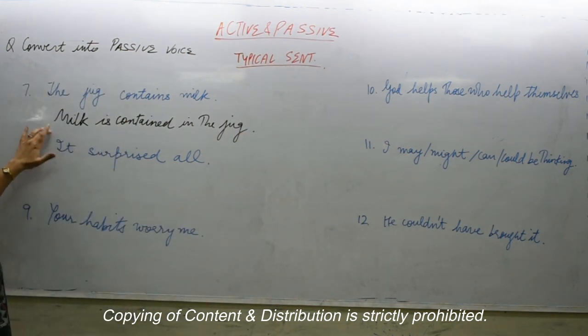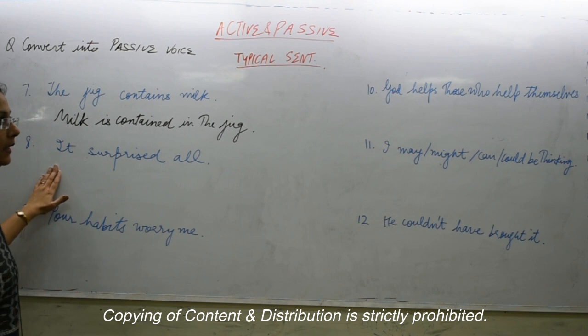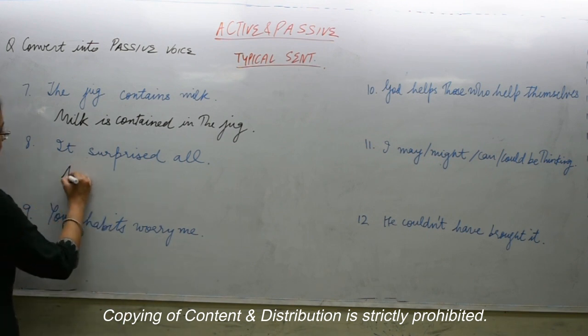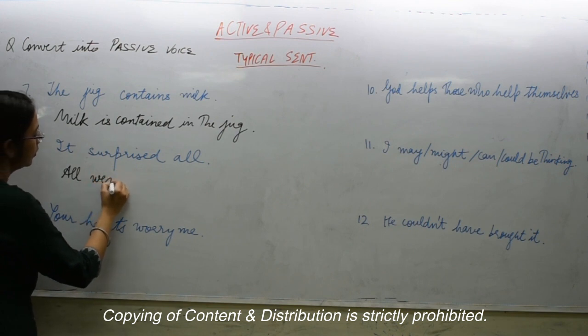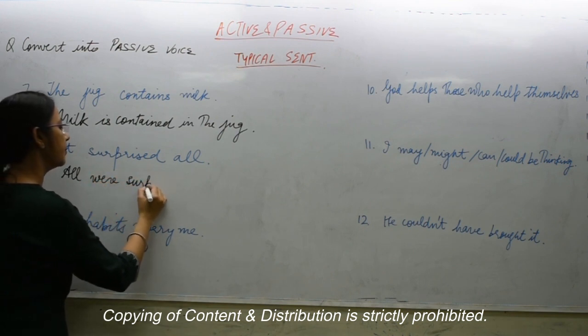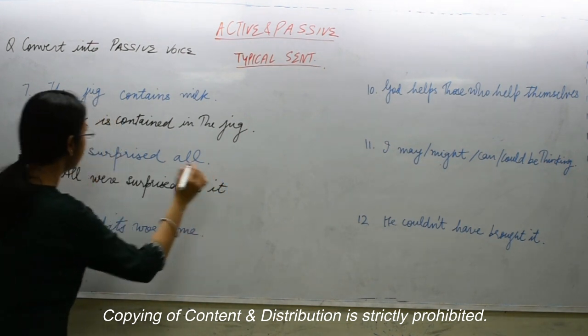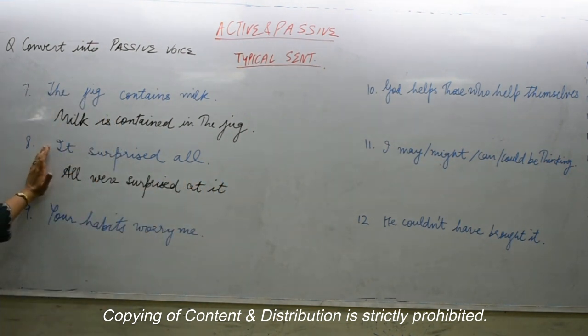Milk is contained in the jug. It surprised all. The sentence is, it surprised all. So, all were surprised at it. It surprised all. All were surprised at it.